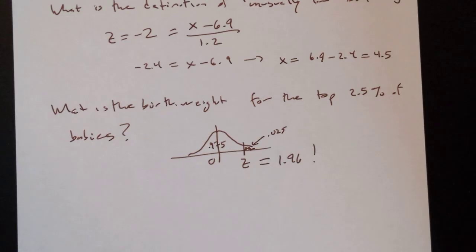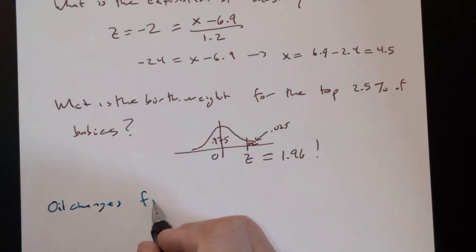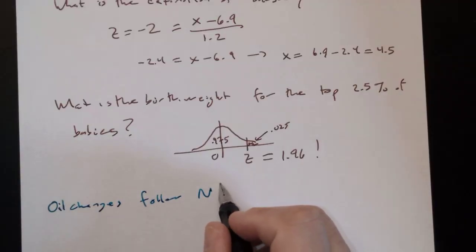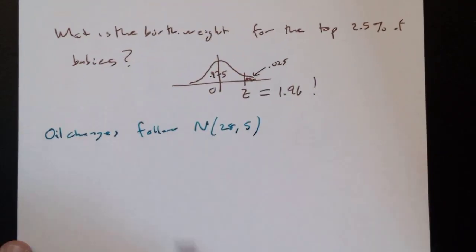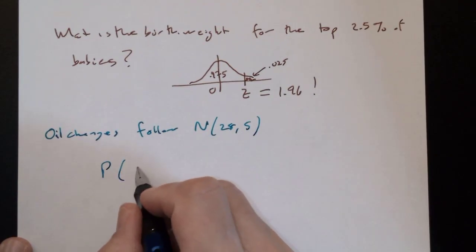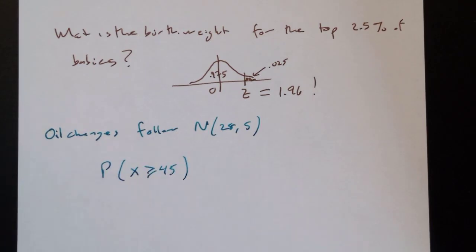What is the chance that I'm going to take an extremely long time, let's say 45 minutes, to do an oil change? What's the chance of being more than 45 minutes?